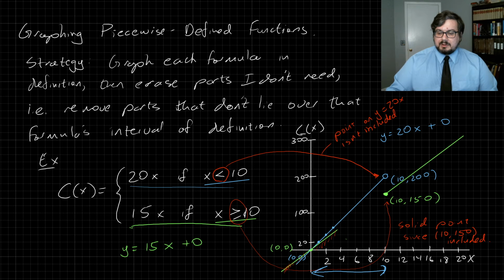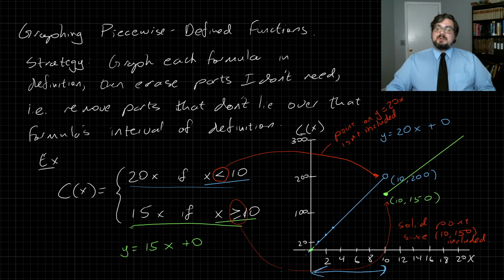We don't have the point 4, 60 on there anymore. That was just to help graph the function. And so we're left with this function composed of the blue line and the green line. And so this is a typical way that you would graph a function like c of x.